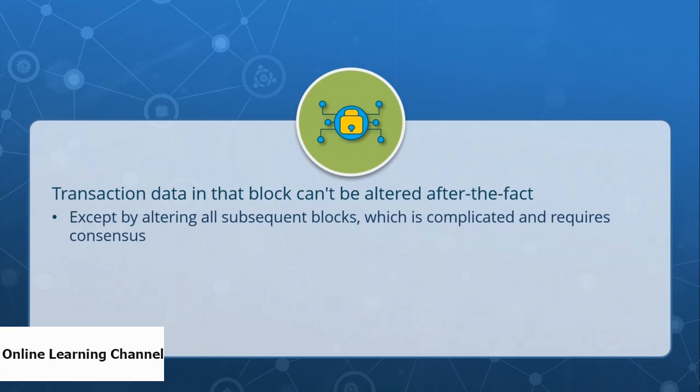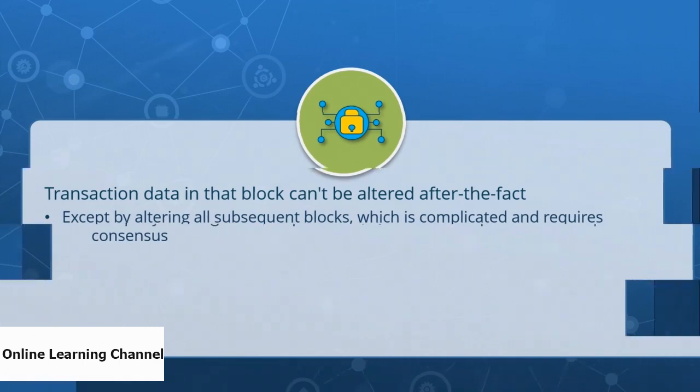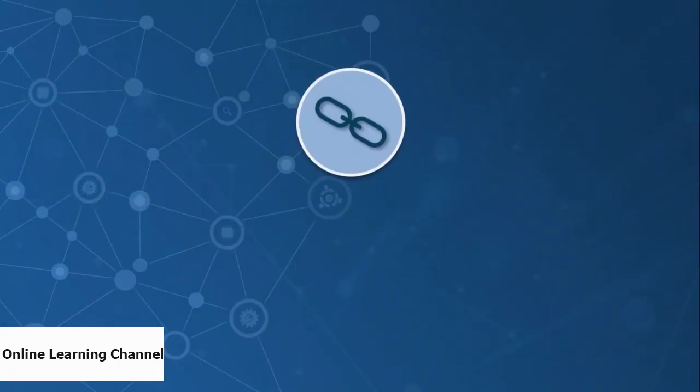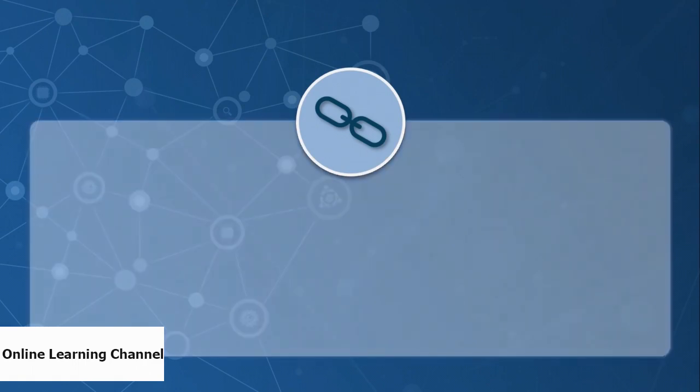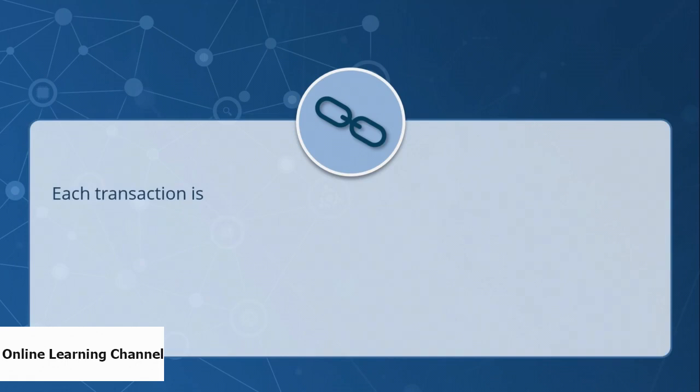This is something we will be exploring in more detail in the next video. But for now, it is enough to know that it is this cryptographic link between the different blocks in the blockchain which ensures that each of the transactions which are recorded in the blockchain are both verifiable and also immutable or permanent.